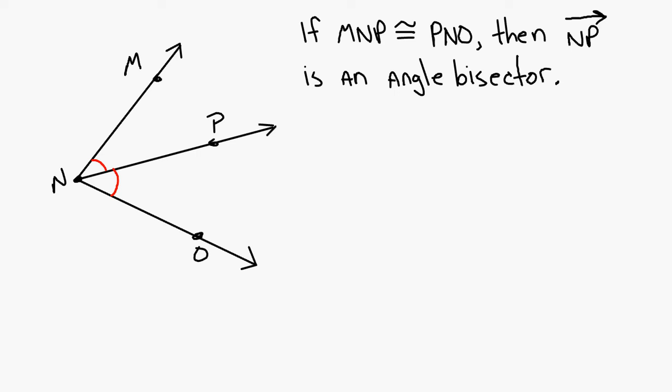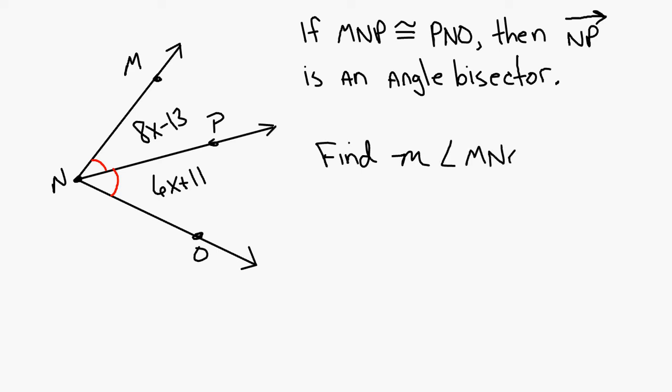So if you were told that this top angle, MNP, was equal to 8x minus 13, and the bottom angle, PNO, was equal to 6x plus 11, and you're asked to find the measure of angle MNO.